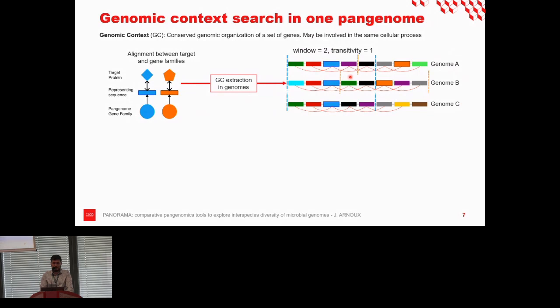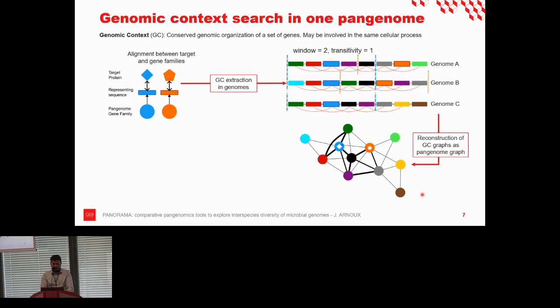We can also add a transitivity closure link between the genes in the different genomes relative to our gene of interest. And thanks to this new information, we can reconstruct a subset of the pangenome graph with the information of gene family, neighborhood relation, and transitivity closure.